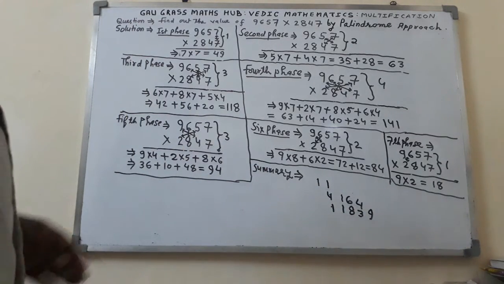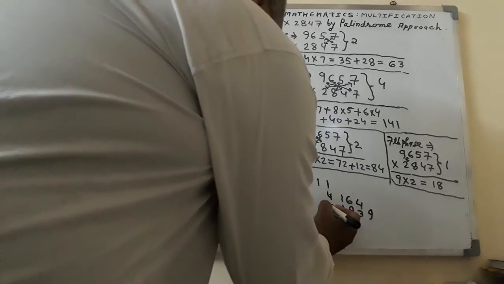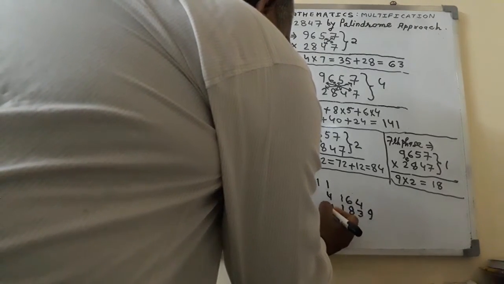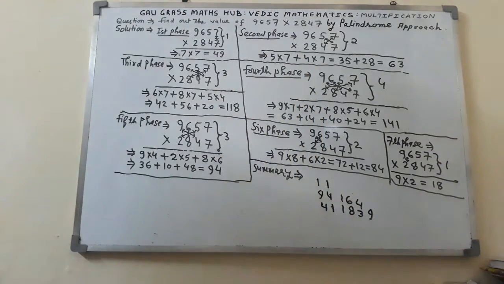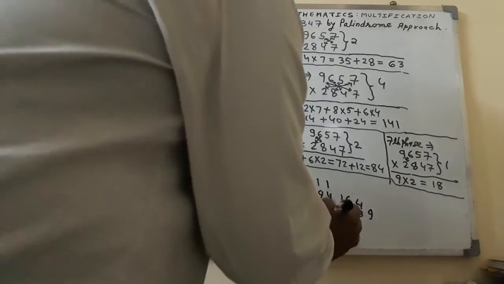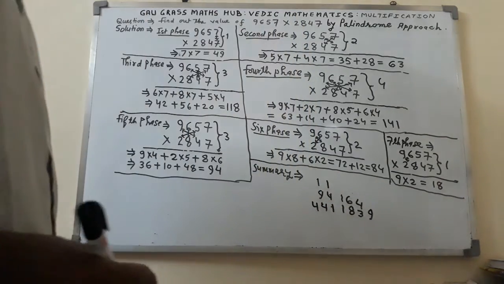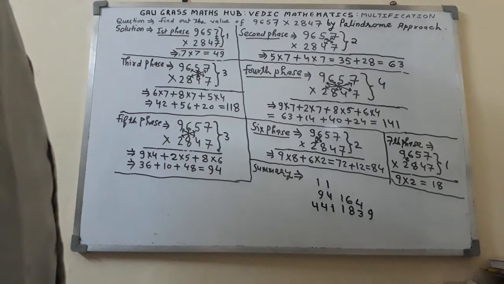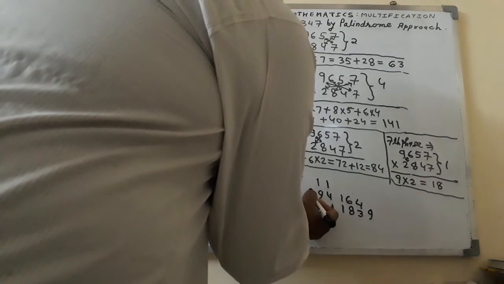Now again you have got 94. So for 94, 4 will be written at this place and 9 will be written at this place. And for 84, I shall write 4 at this place and 8 at this place.